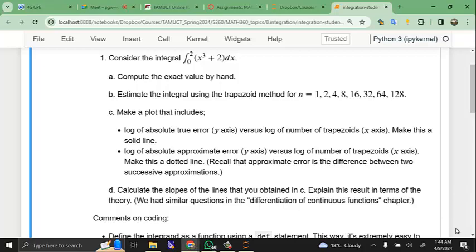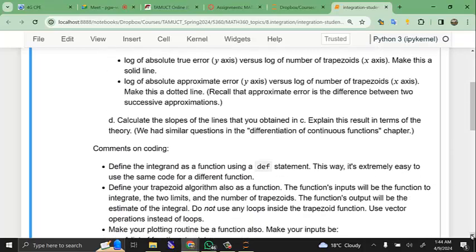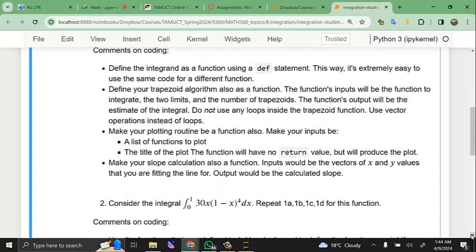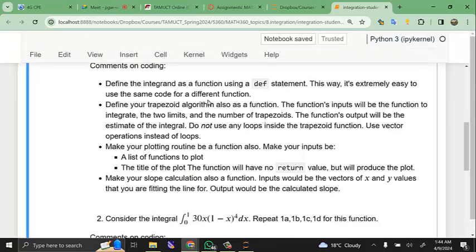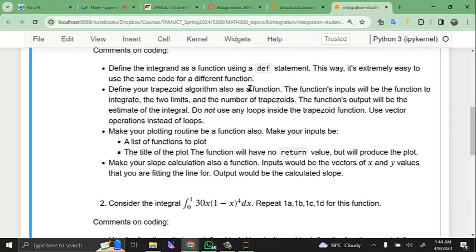So let's see, several comments on coding. Define your integral as a function. Define the integrand as a function, so that it's extremely easy to use the same code for a different function. Of course, you also have to define the exact value of the integral, and that will be a number.